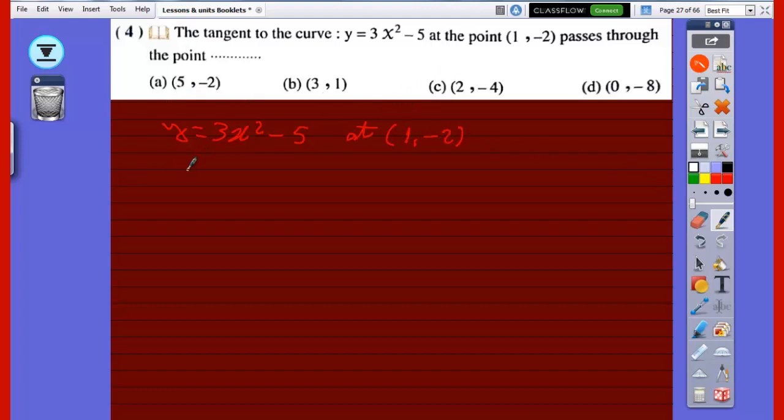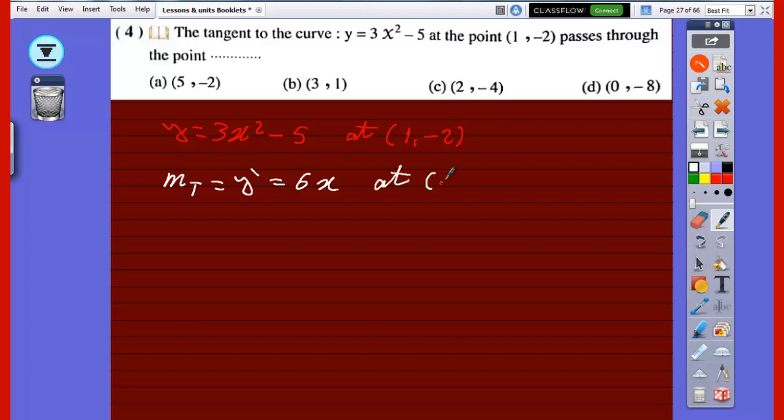So first we'll find the equation of the tangent, and then we will choose one of these points, starting with its slope. The slope of the tangent, which we denote by the symbol mt, equals y dash, which equals 6x. It is the slope of the tangent.